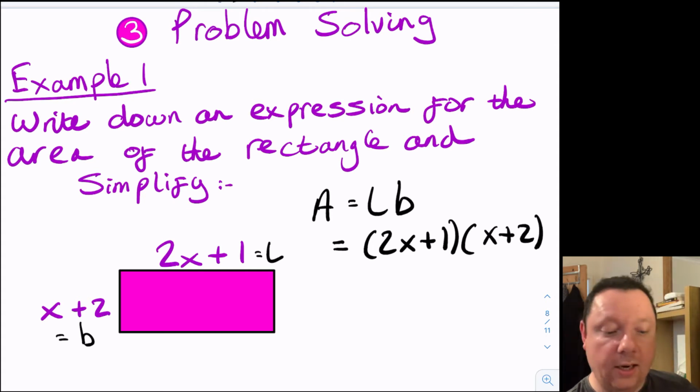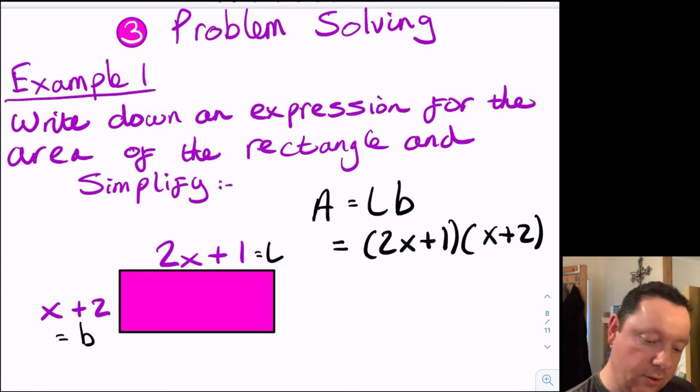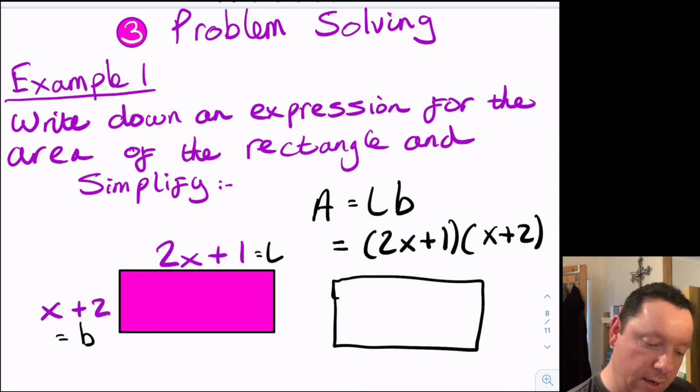So I now see what I need to do. I need to do 2x add 1 times x plus 2, and I just solve that in the same way as I've solved all the previous examples in this video, using either FOIL or the grid method or the other method that I showed you. I'll use the grid method because it seems to be obvious in this case to do that. So I've got 2x add 1 and x plus 2.